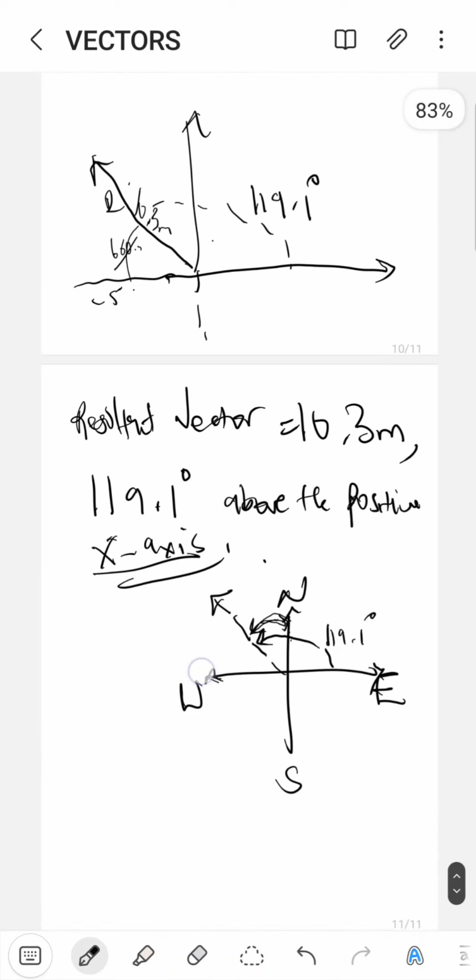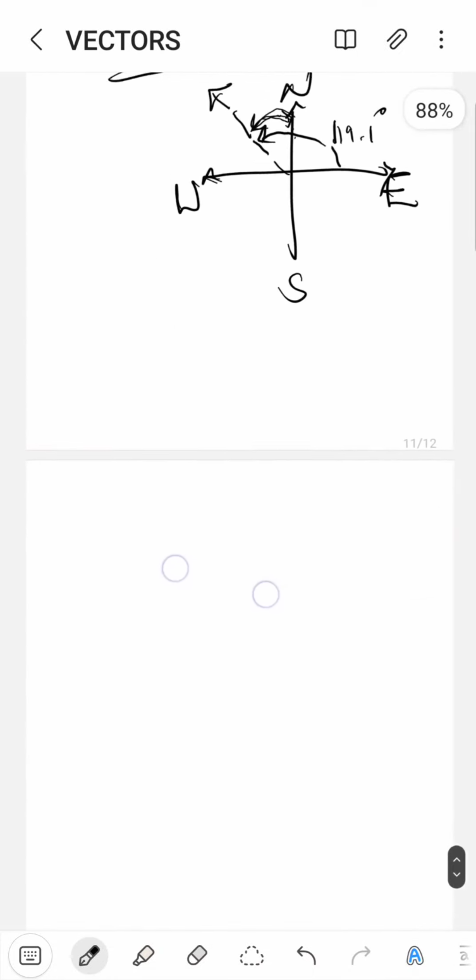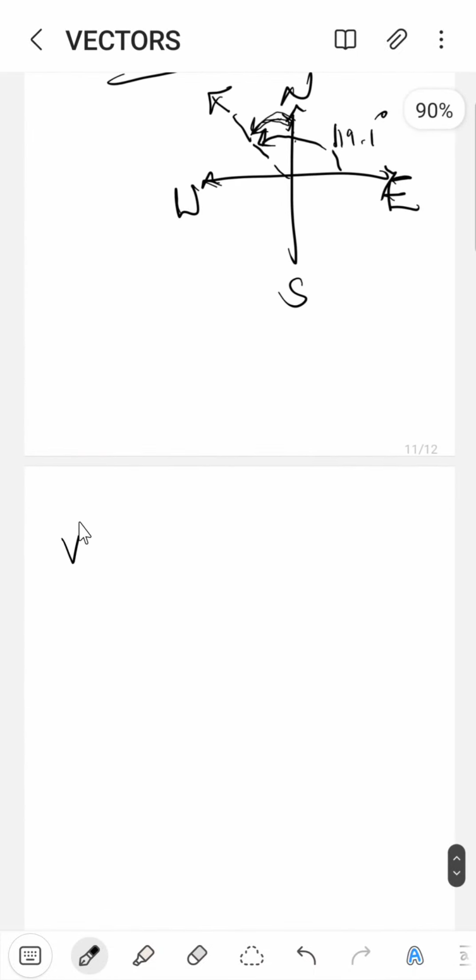If you want the compass way of arrangement, you can say the resultant vector V is equal to 10.3 meters. Let's find this small angle. This whole thing is 119.1 degrees. This is 90 degrees, so we can subtract 90 degrees to find that small angle. That's just mathematics.